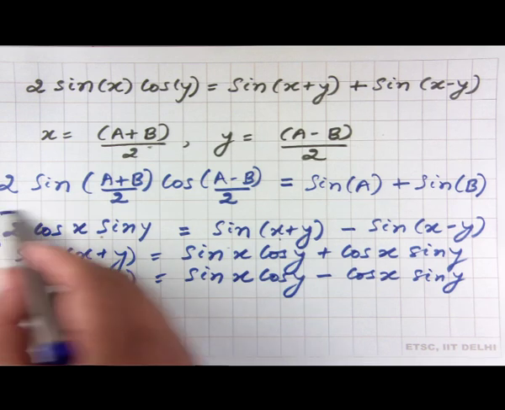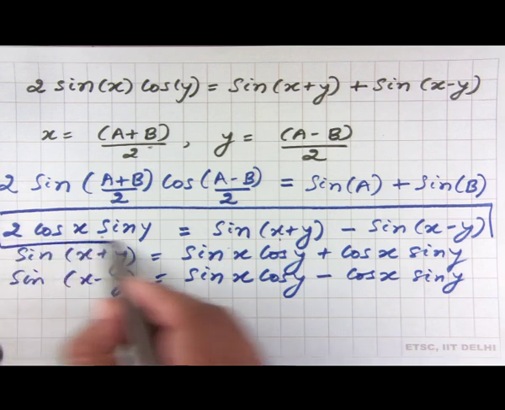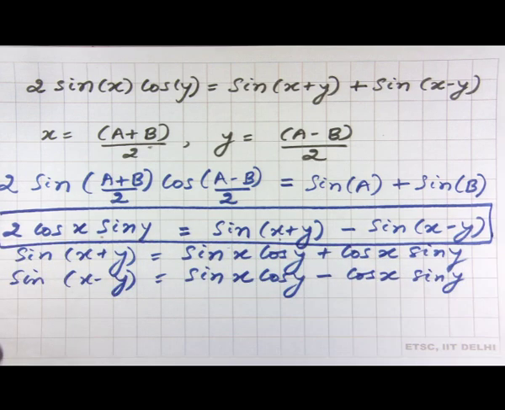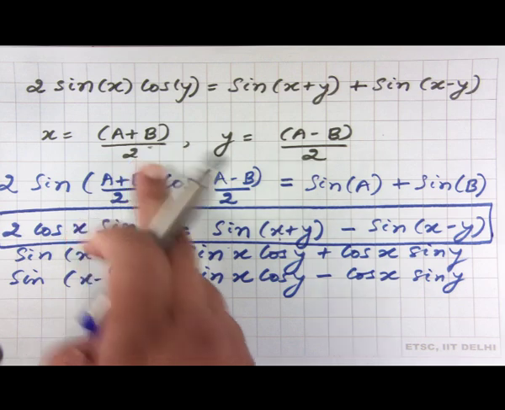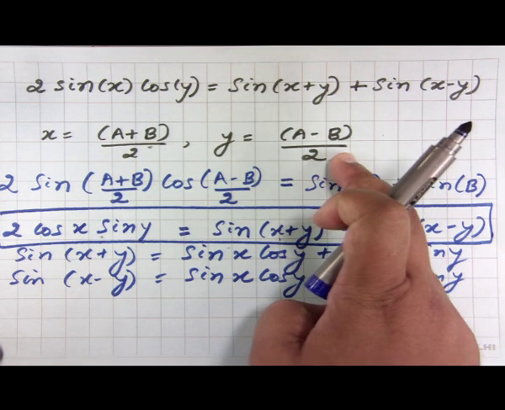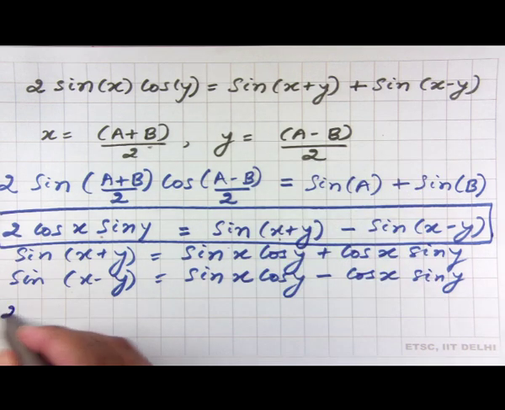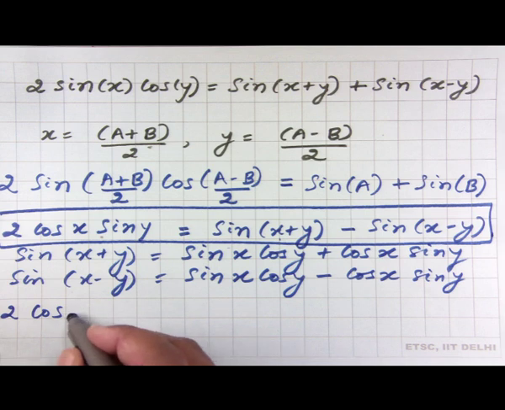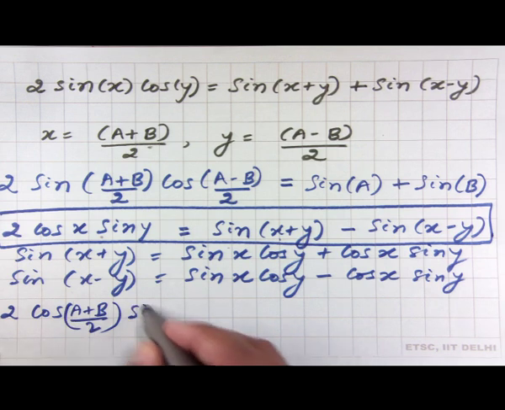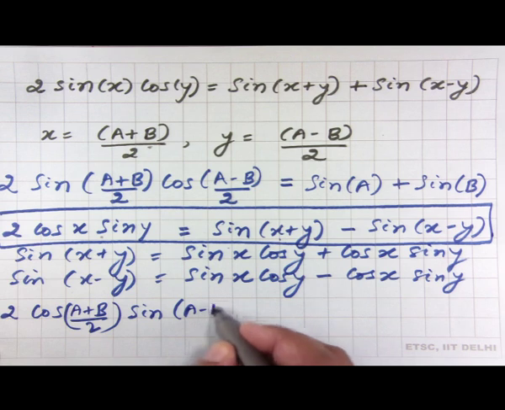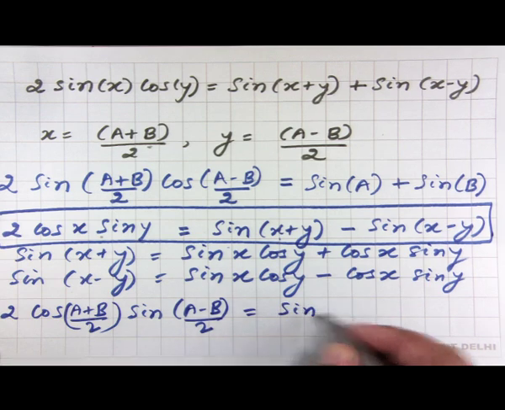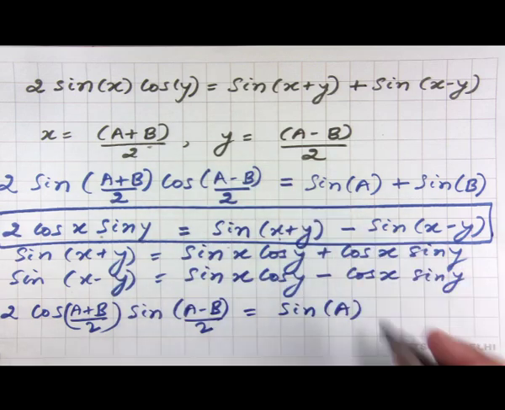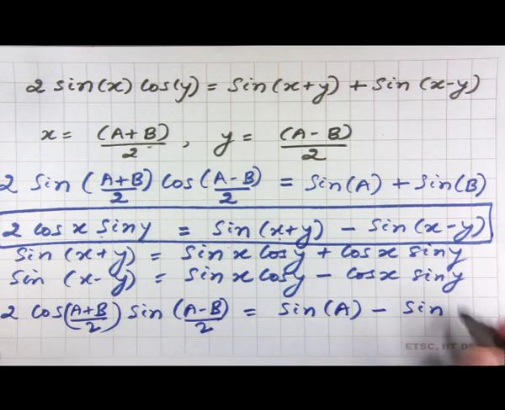So, this expression here, and again in this expression we can replace x with (a plus b) by 2 and y with (a minus b) by 2, and what we will end up getting is 2 times cosine of (a plus b) by 2 into sine of (a minus b) by 2 equals sine of a, because x plus y is a, minus sine of b.